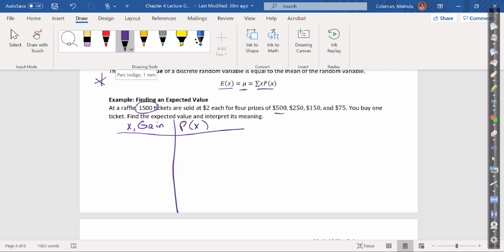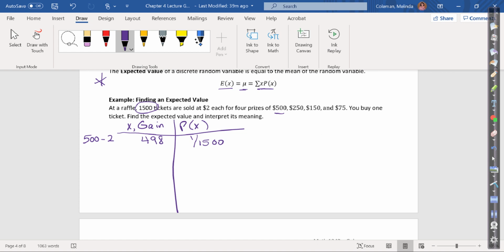So the net gain here is going to be 500 minus the $2 that you spent on the ticket. So the net gain is $498. Since there's only 1 winning ticket, the probability that you're going to get that is 1 out of 1,500.